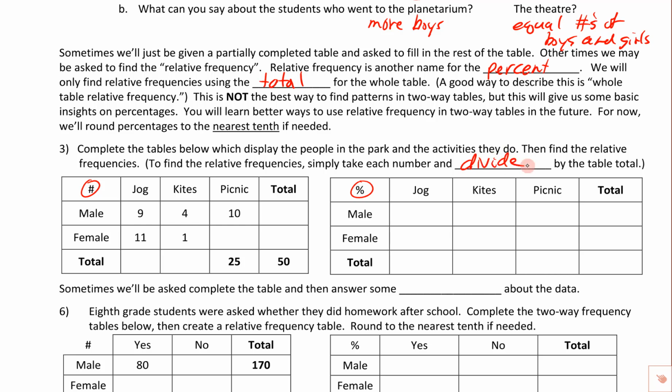So take a look over here. We've got some missing information. For the time being, we're going to ignore this blank spot over here, and we're going to come back here. I've got males and females, and this is what they were doing at the park. They were either jogging, flying kites, or picnicking, and then we've got a total for what the males were doing, a total for what the females were doing, and a table total altogether.